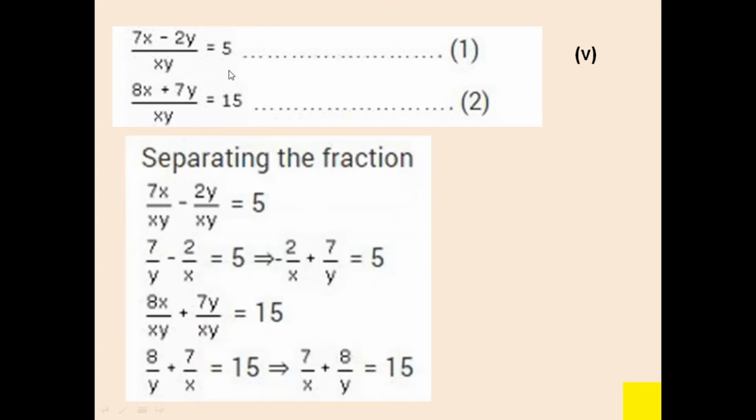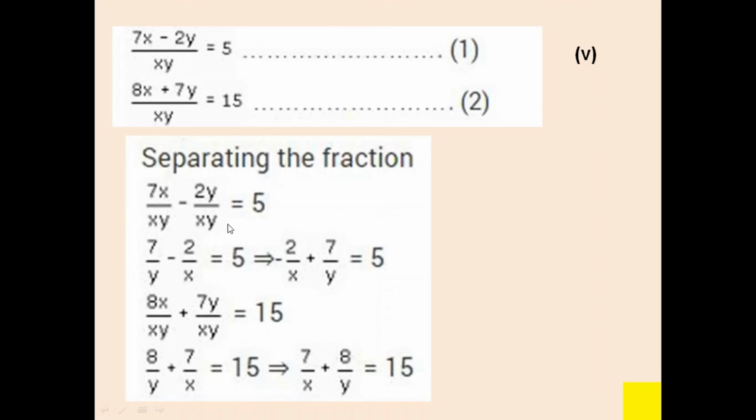In this particular case, all that we have to do is separate the fractions. So 7x upon xy minus 2y upon xy. Again, x and x cancel. This becomes 7 upon y. y and y cancel. This becomes minus 2 upon x equal to 5.